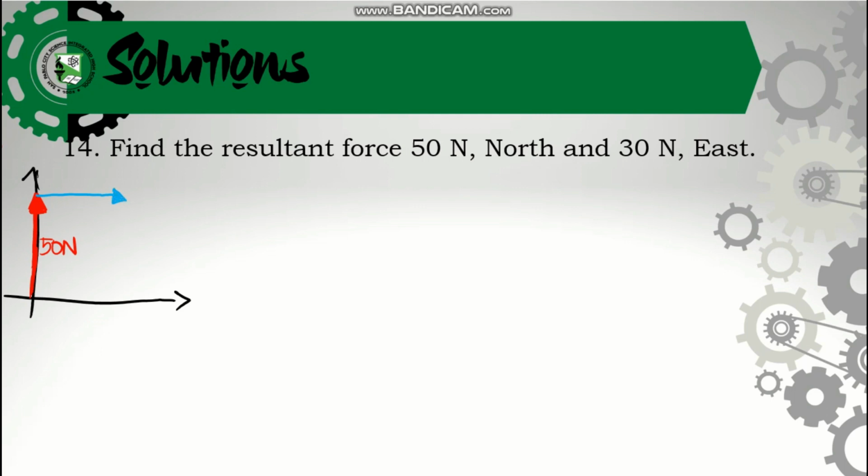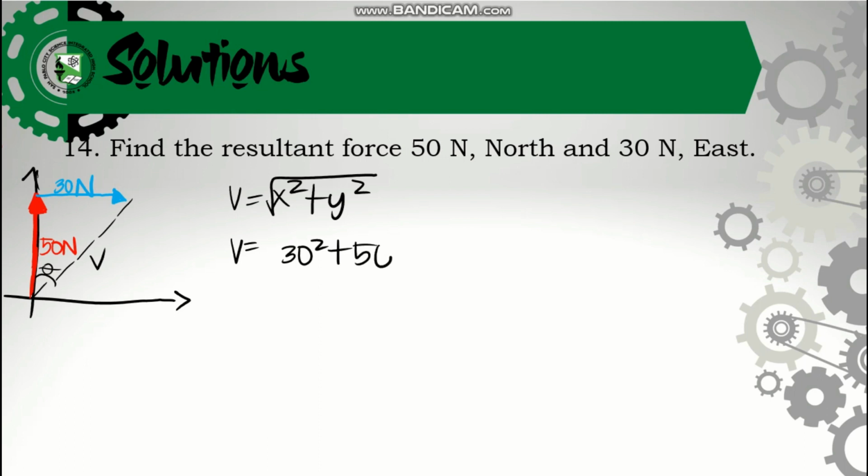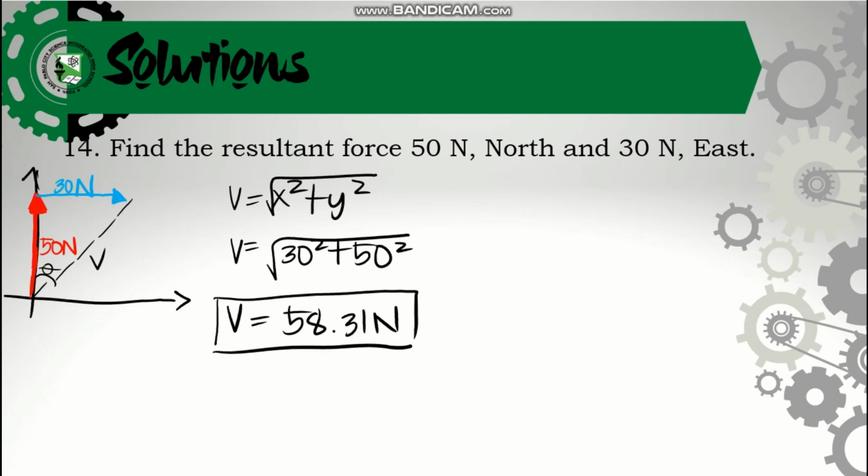Then when connecting and showing the resultant force, you can write V or R, and then the angle itself. So we have here V is equal to the square root of x squared plus y squared, which is 30 squared plus 50 squared. So we have here 58.31 Newton in resultant force.